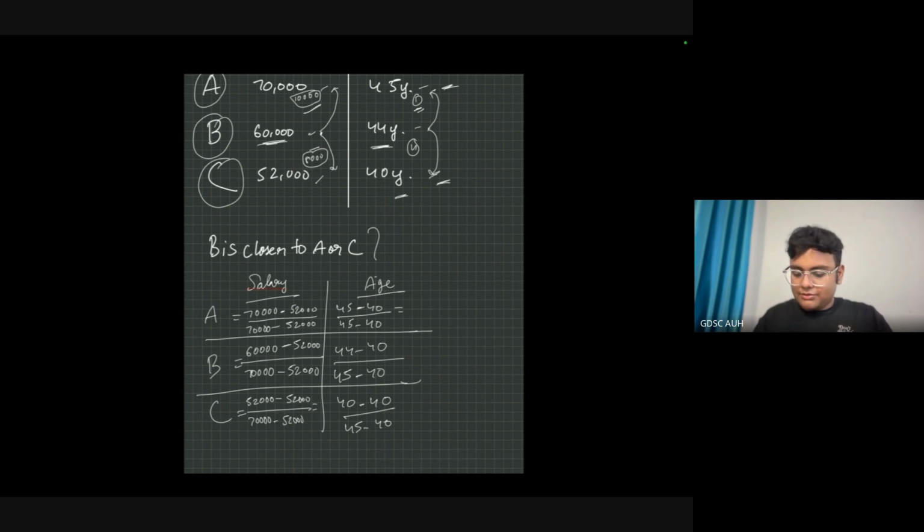70,000 minus 52,000 is 18,000 divided by 18,000, which is 1. So it's 1 here. 60 minus 52 is 8,000, and 8,000 divided by 18,000 is 0.44.